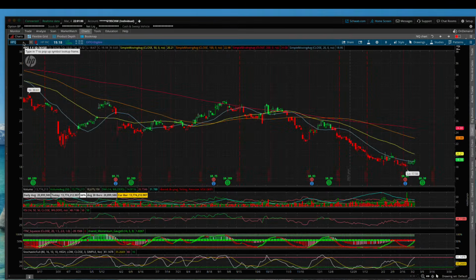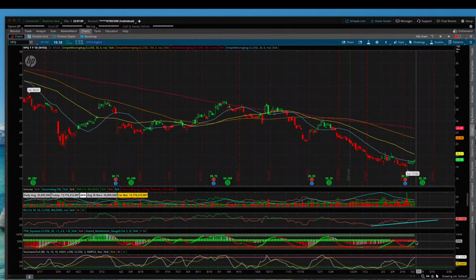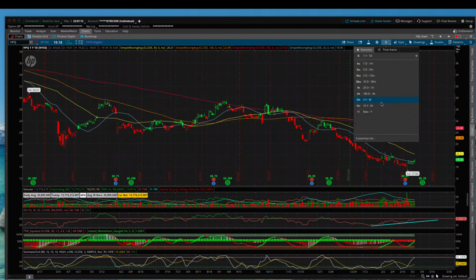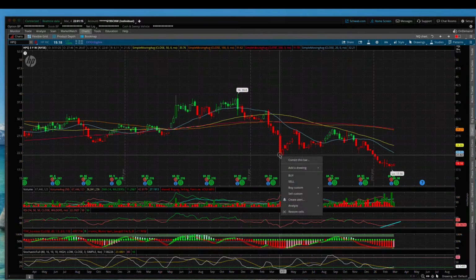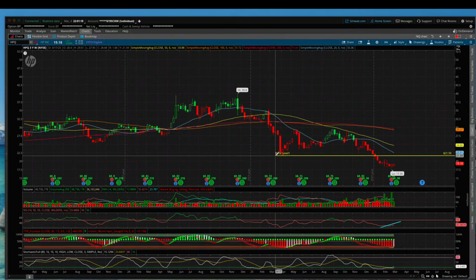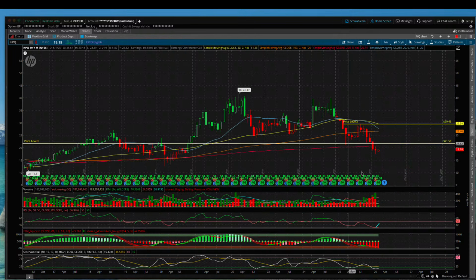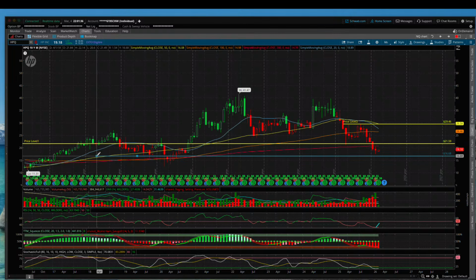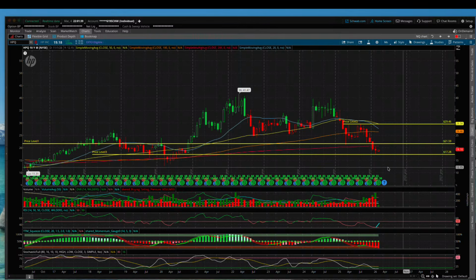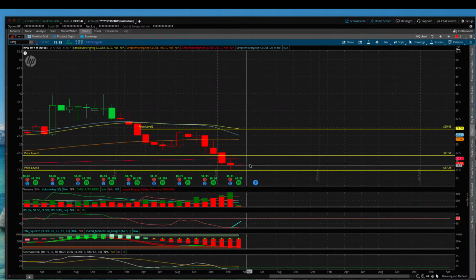HPQ. All right, Hewlett Packard, bullish divergence, bullish divergence squeeze. Okay, decent area right now.